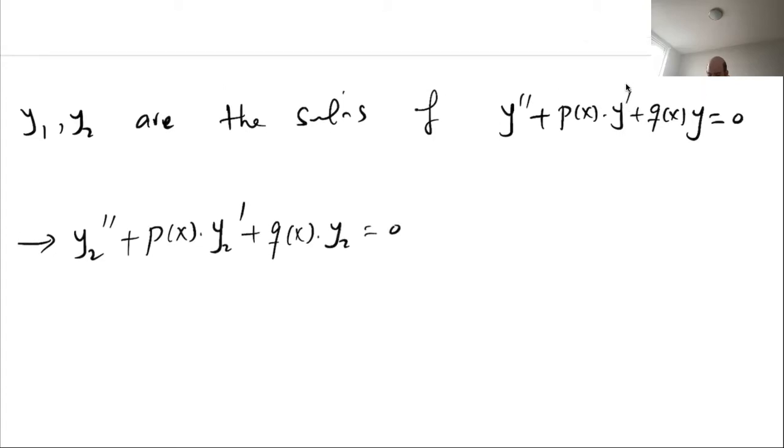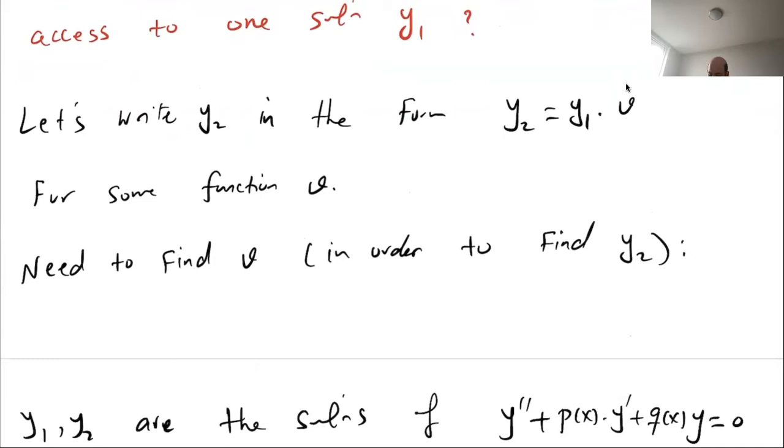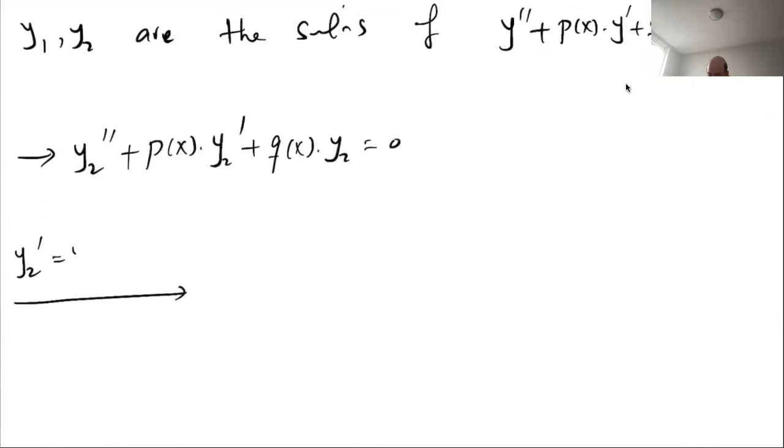Now what will be y2 prime and y2 double prime? Let's see. So y2 prime is the derivative of this function. We have to use the product rule. If I use the product rule, I'll get y1 prime times v plus v prime times y1. And then the second derivative, y2 double prime, will be the derivative of the right-hand side.